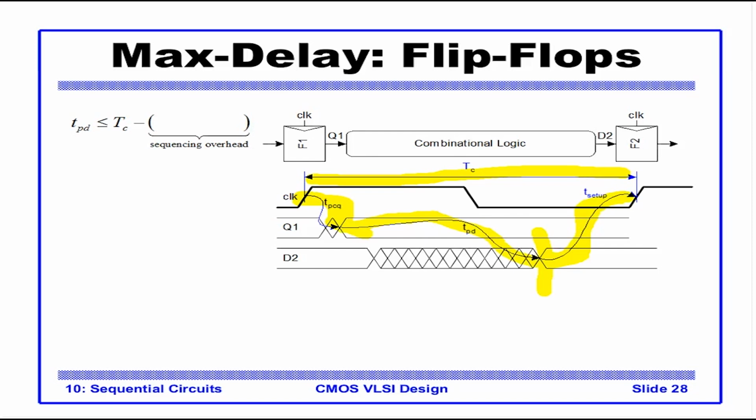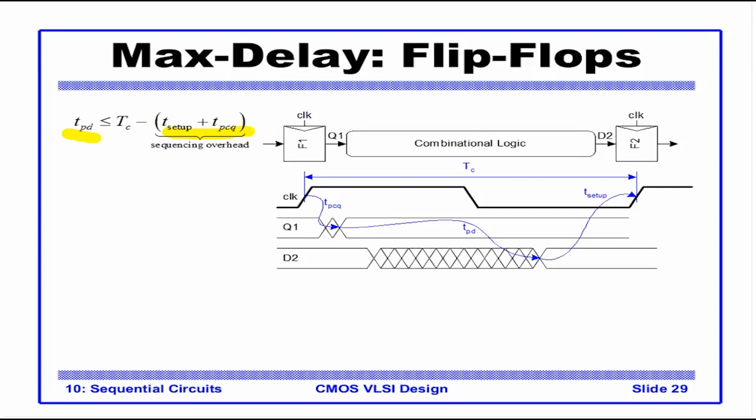Now let's see what the equation is. Take T setup plus TPCQ to this side and confirm that whatever we've understood is in fact this equation. T setup plus TPCQ plus TPD, all these three combined together should be less than TP. Now TPD was the original combinational logic delay, so we rearrange the equation and take T setup and TPCQ to this side.